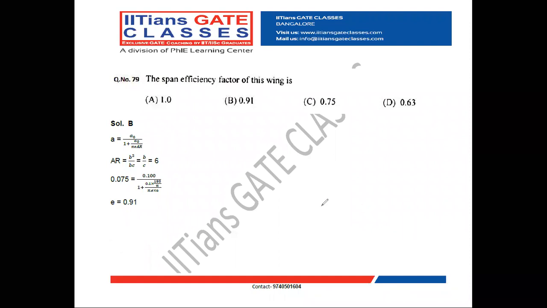We have to use this relation, that is 1 plus 57.3 into A naught divided by pi ER, where A naught is the lift curve slope of the airfoil and A is the lift curve slope of the wing.